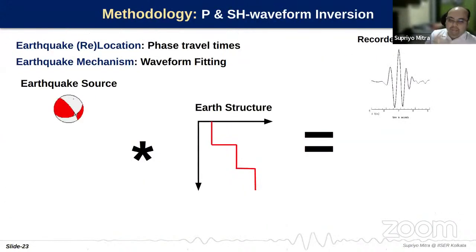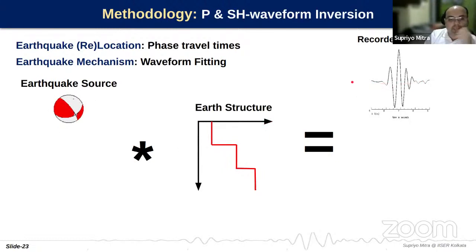So one slide on the methodology. What we do is we relocate these earthquakes using phase travel time data. And then once we have the relocated earthquakes, we use waveform fitting to model these earthquake sources. If you have a recorded waveform from an earthquake source, it is the source convolved with the structure, if it's instrument corrected.